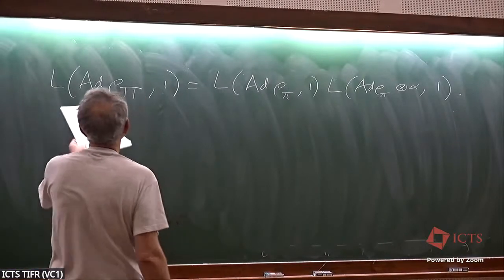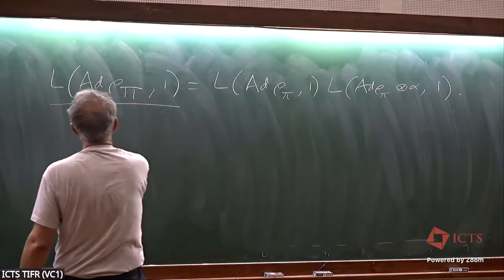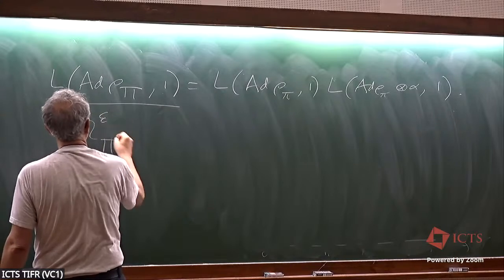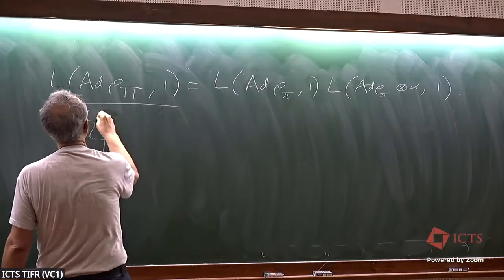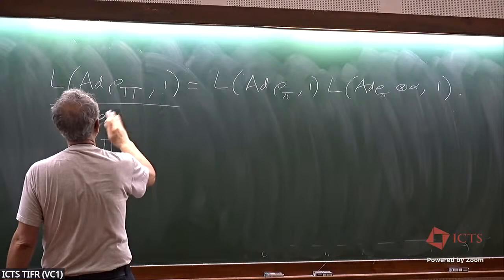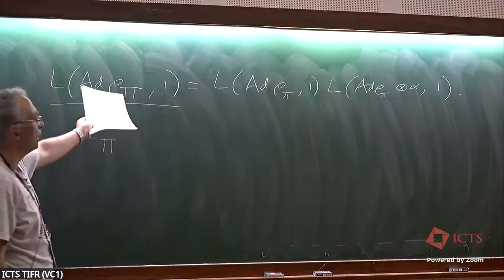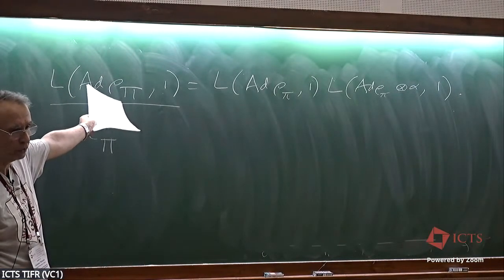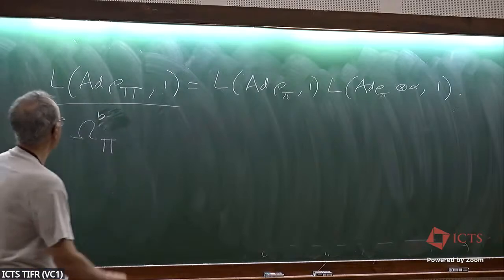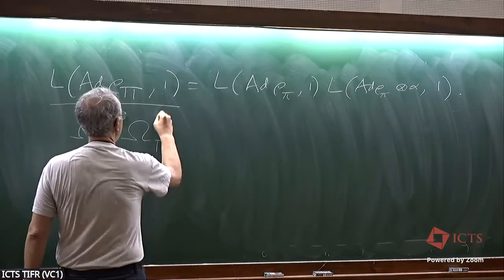So what we do is we divide this by omega pi epsilon, or maybe not epsilon, because I said I consider an imaginary quadratic field, so there is no epsilon. So omega pi bottom, omega pi top.